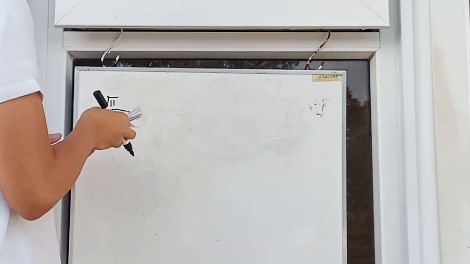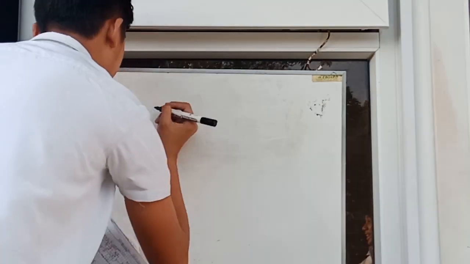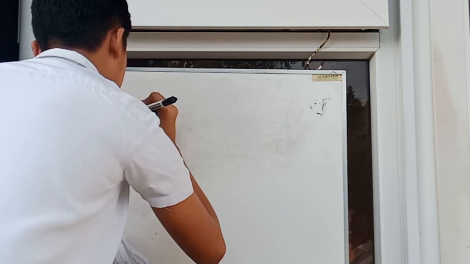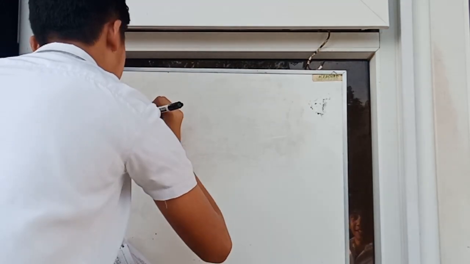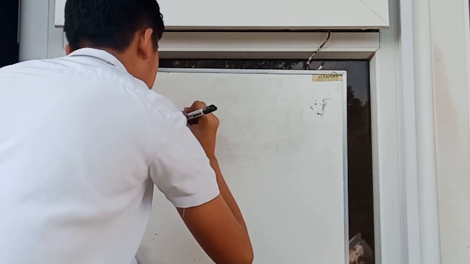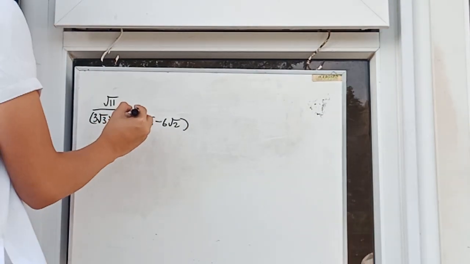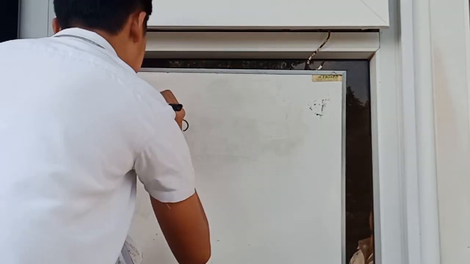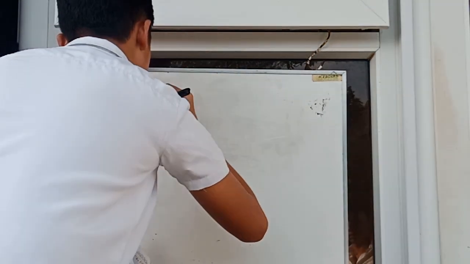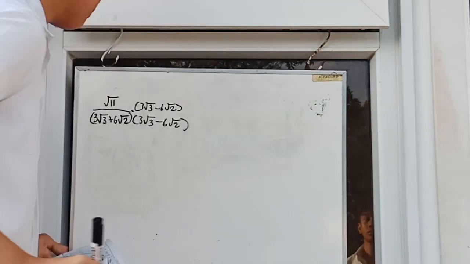So, what we do is, we just always get the conjugate of the denominator. So, multiply this, the conjugate, 3 square root of 3 minus 6 square root of 2. Now, we also multiply the conjugate of the denominator with the numerator. So, 3 square root of 3 minus 6 square root of 2.